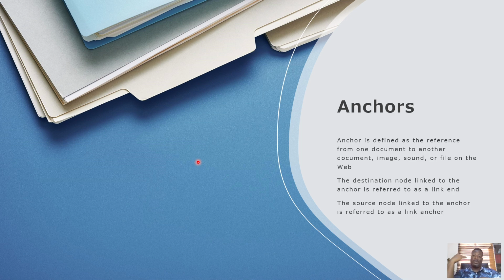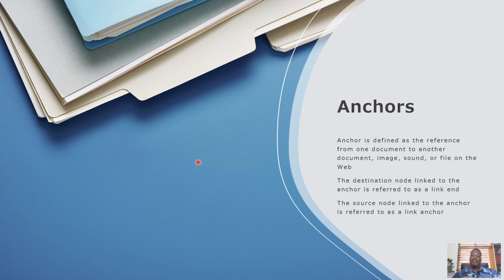You probably would have to scroll to see that. But the moment you click on chapter one from the table of contents, you are automatically redirected to chapter one of the document. So an anchor is defined as a reference from one document to another document. Sometimes it could be images, sound, or a file on the web.